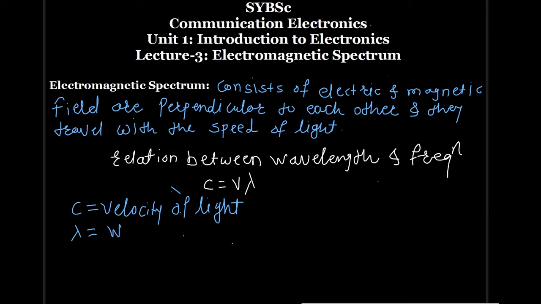Therefore, from the equation it becomes lambda is equal to C by V. If we know wavelength, we can calculate frequency and vice versa.